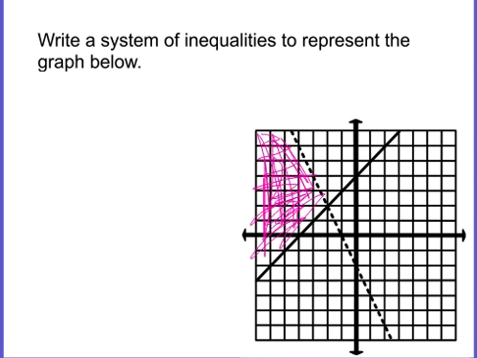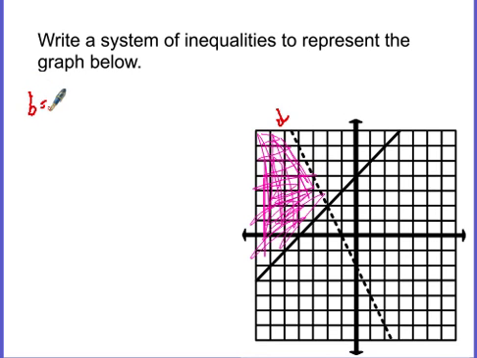The other thing you're going to have to do here is write a system of inequalities that represents the graph below. So you've got two inequalities graphed, and one section shaded to show the solution to the system. We should be able to write the system here. Let's start with this line right here. What two things do I need to write the equation?